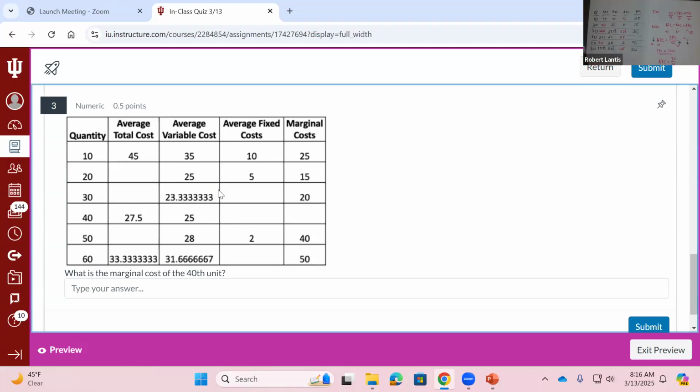So if I want to look at, say, 20 units, my average total cost we just found is 30. What does my total cost have to be? It's just a little bit of algebra. I get my total costs would have been 600. So once I have my averages and my quantities, which I always have to give you, you can always back out what the total is, as long as you have the average. Any other questions on this before we fill in the very last one, which is the last question, I think, on that quiz?